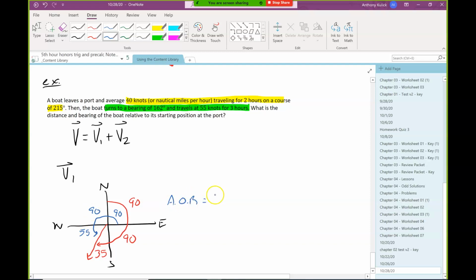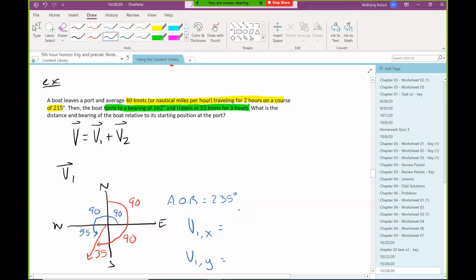All right. So I'm going to take my vector 1 and break it up into an x coordinate and a y coordinate. The x coordinate can be found by taking the magnitude of vector v1 and multiplying it by cosine of the angle of rotation. Similarly, the y component is going to be the magnitude of the vector times sine of that angle of rotation.